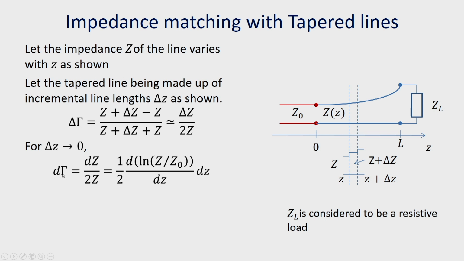So, d gamma becomes equal to d of capital Z divided by 2 Z, and this can be written in this form, half d of log of capital Z by Z naught divided by d Z into d Z. This can be seen from here, because d of log of capital Z by Z naught by d Z into d Z is essentially d of capital Z by capital Z.